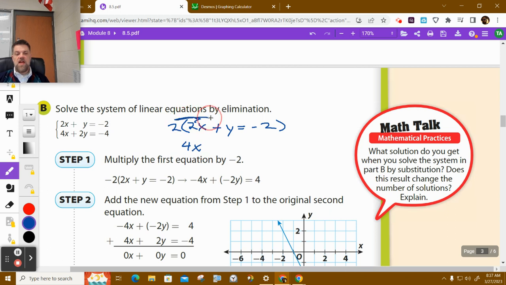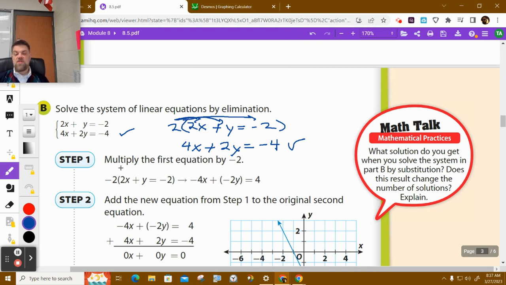What's 2 times positive 1y? 2y. And what's 2 times negative 2? Negative 4. Isn't that the second equation? Yeah, so what does that tell you about those lines? They're the same. So when I graph them, they're going to be the same.